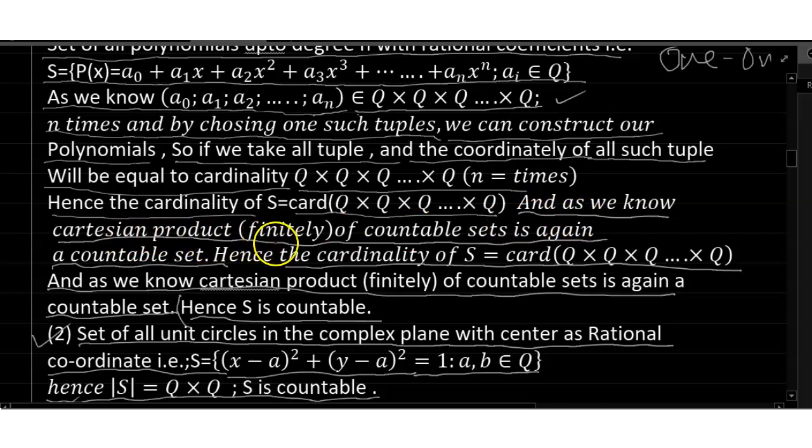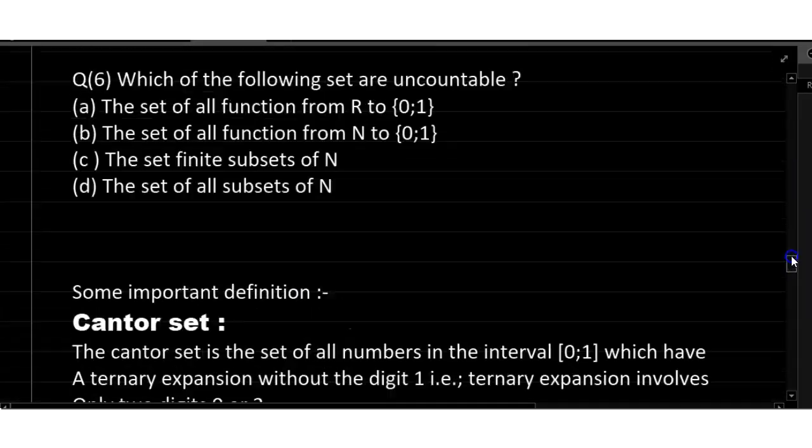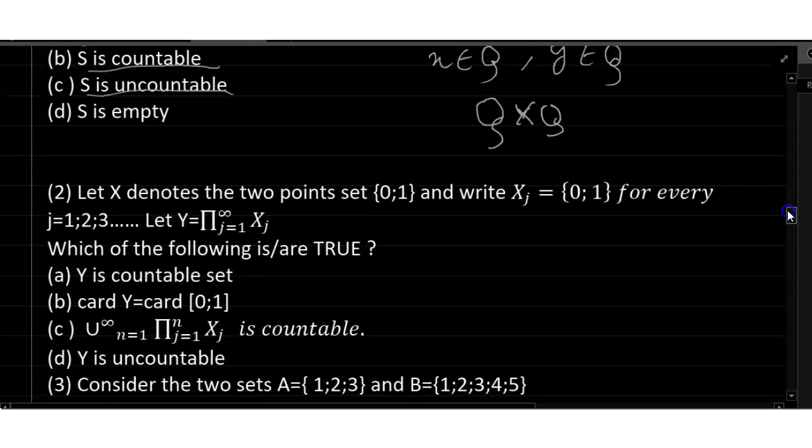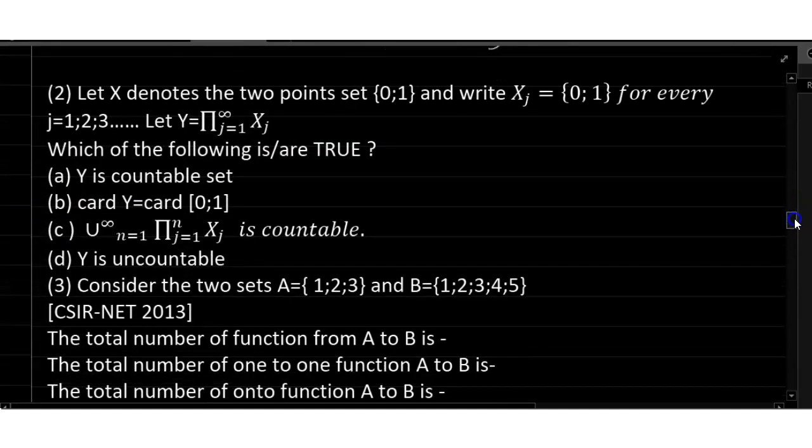We know the Cartesian product of finitely many countable sets is again countable, finitely, not infinitely. Infinitely is uncountable, but here it is finite multiplication. So it is Q cross Q, so my answer is S is countable. Now we will go to solve the next problem.